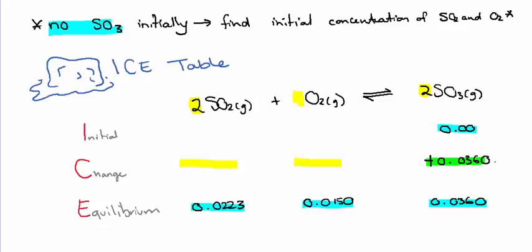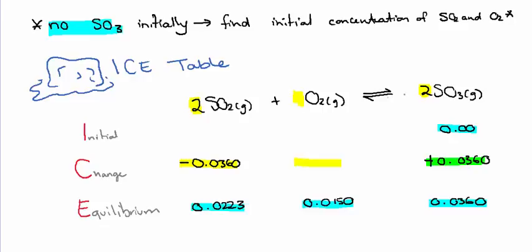So if 0.0360 moles of sulfur trioxide were produced, then 0.0360 moles of sulfur dioxide must have been consumed. Because the concentration in this case has decreased, we put a little negative sign.